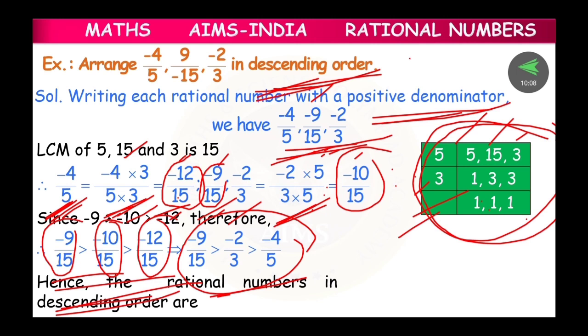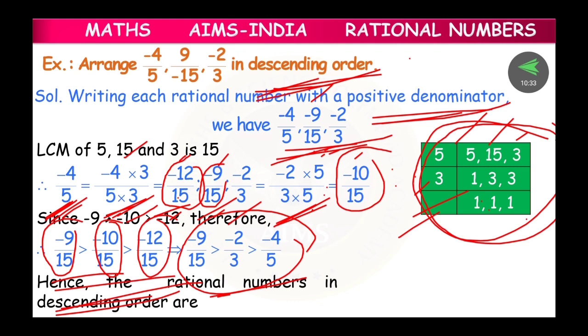That is the first step. What is the second step? For the denominators, we have to take the LCM. After taking the LCM, all the denominators to be multiplied with some number so that the LCM will be the denominator. After that, we can arrange them according to our order.